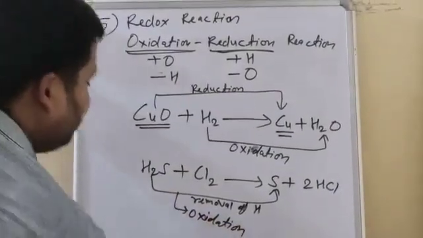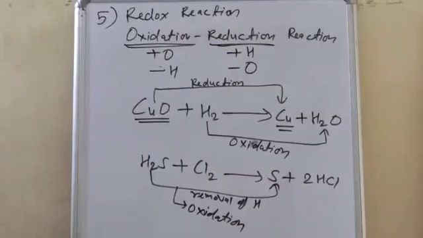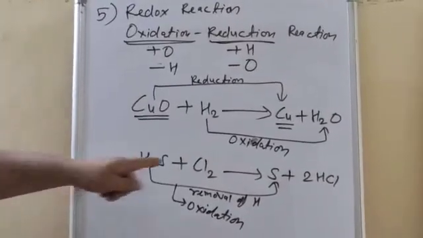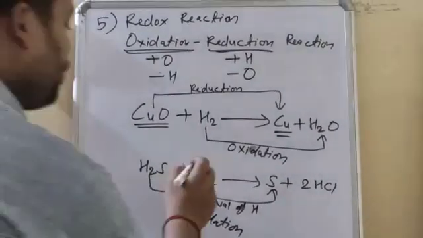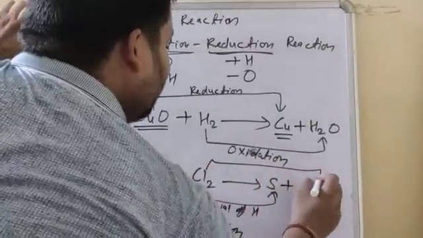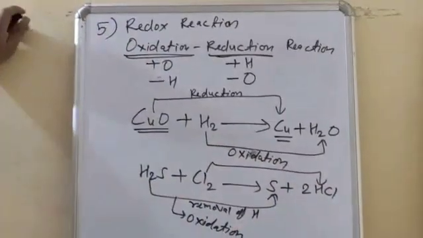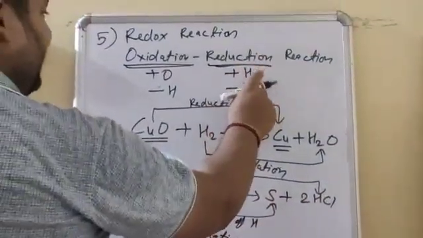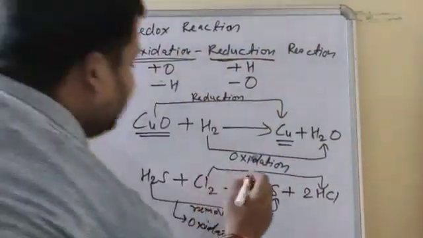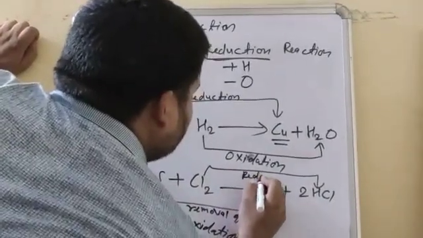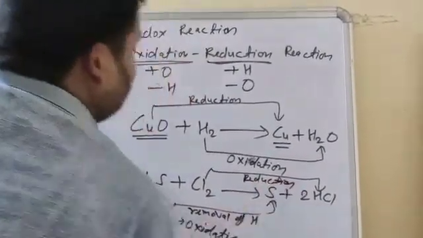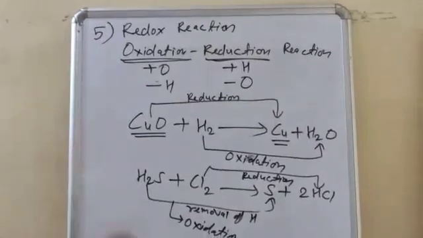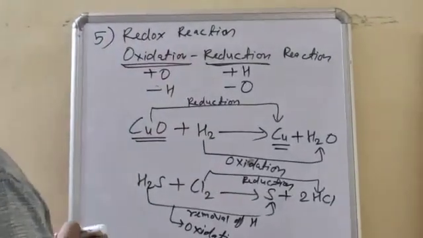In a single reaction generally you will find oxidation as well as reduction. And on this side chlorine, and on this side chlorine as well as hydrogen. So hydrogen is added. When hydrogen is added, it is a reduction. So you will write here reduction. Combinedly it is known as redox reaction.